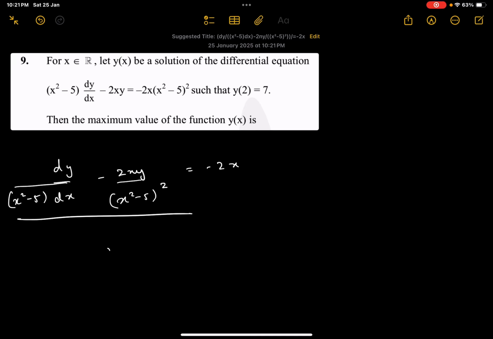So that is, it's the derivative of y upon x square minus 5 with respect to x, right? Because when this is differentiated, we'll get the derivative dy by dx upon x square minus 5, and when the denominator is differentiated, we'll get minus 2xy upon x square minus 5 squared.